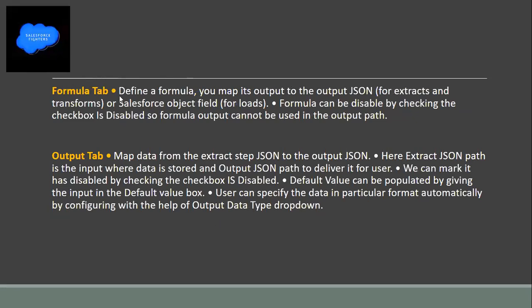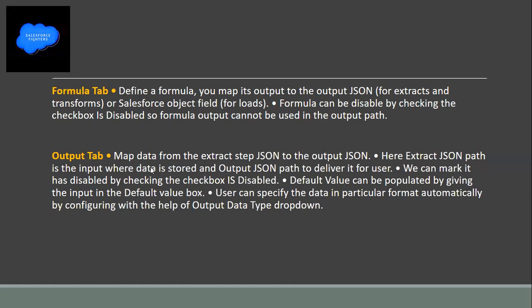Next, formula tabs. Define a formula you map its output to the output as JSON for the extract and transform, or Salesforce object fields for loads. A formula can be disabled by checking the checkbox disabled, so formula output cannot be used in the output path.